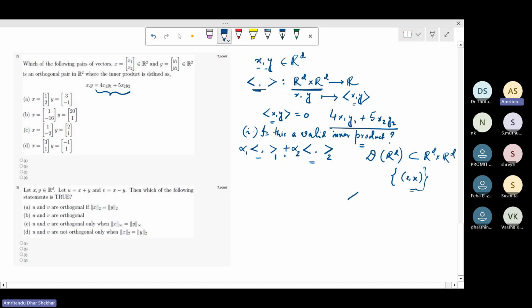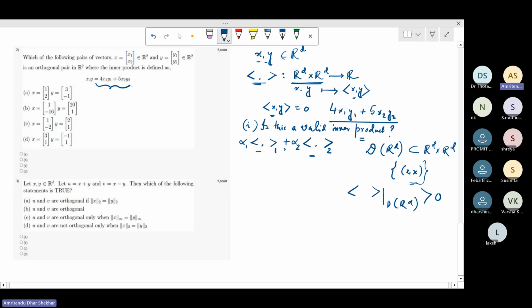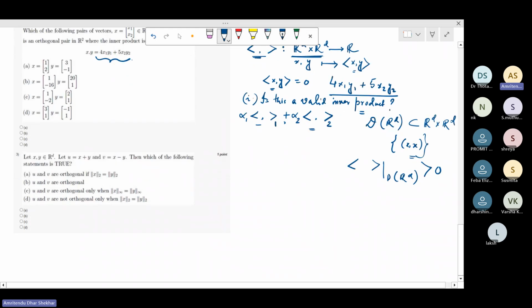Every inner product on the diagonal has to be strictly positive: the inner product of x with itself has to be like a norm squared. So it has to be positive.